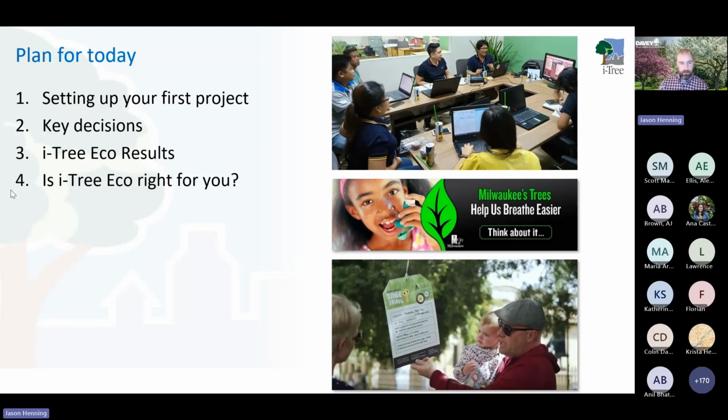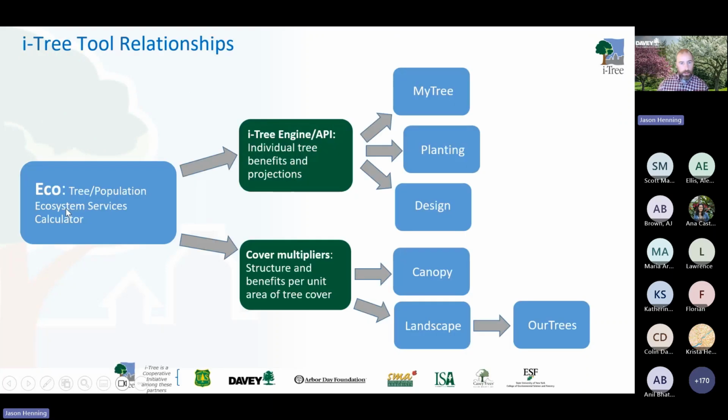So just to reorient us to where we are and where we've been. Hopefully you remember that iTree Eco is our flagship tool. It's where all the latest science goes first. But all of that science that's in iTree Eco makes it down into all the other tools, all the online tools that we've already covered, those individual tree tools like MyTree, iTree Planting, and iTree Design, our top-down tools in Canopy and Landscape, and that one click to tree canopy cover information of our trees.